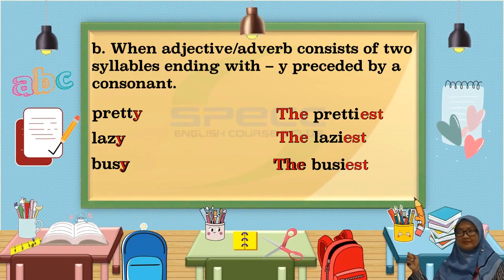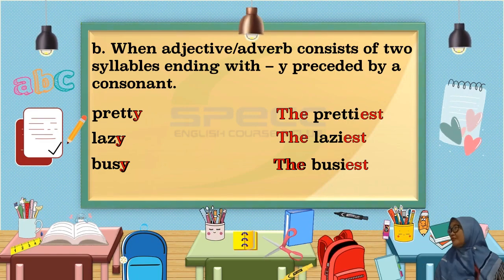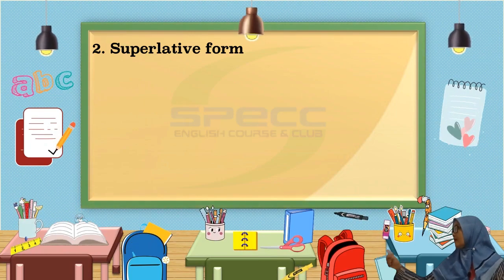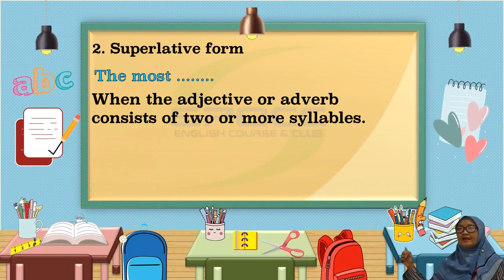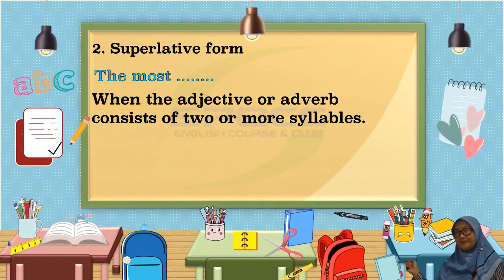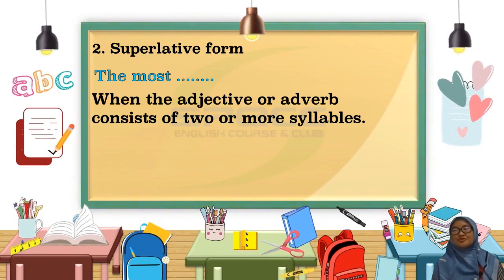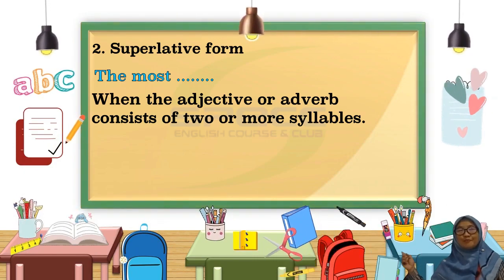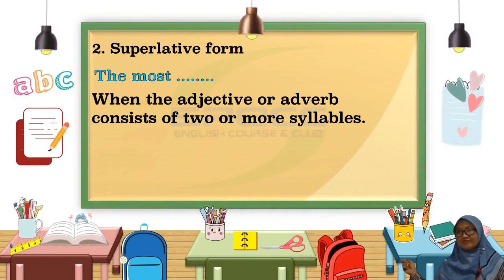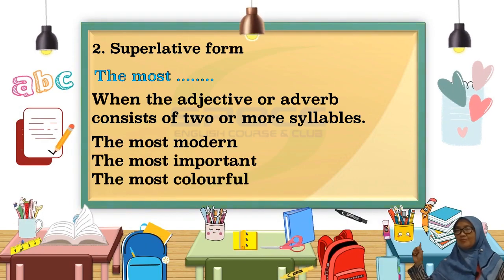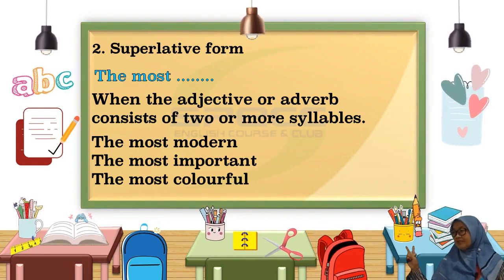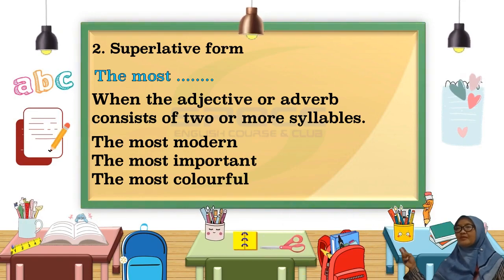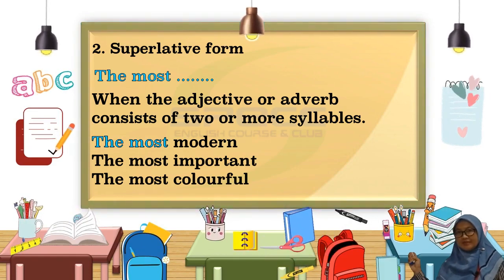And then the second form of the superlative uses the most plus adjective or adverb. We use it when the adjective or adverb consists of two or more syllables. For example, the word modern, once again, consists of two syllables, so the superlative form is the most modern.